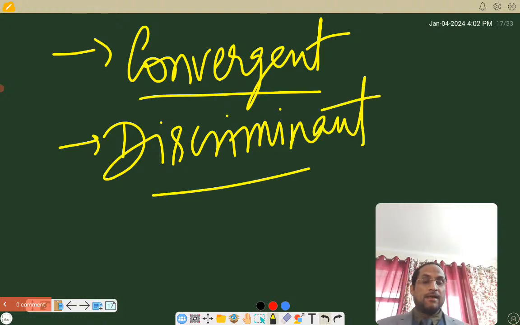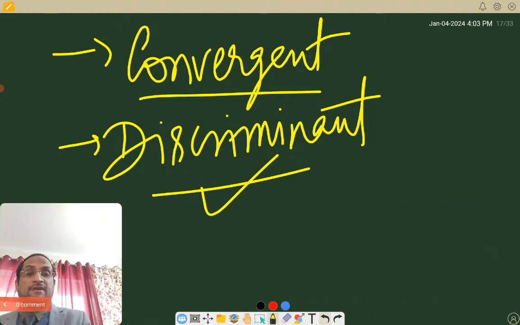That's it. It should converge, it should correlate highly with the existing tests which are also evaluating the same construct, and it should also be able to discriminate between similar constructs which are not evaluating the construct in question for us. It should be able to both converge and discriminate.